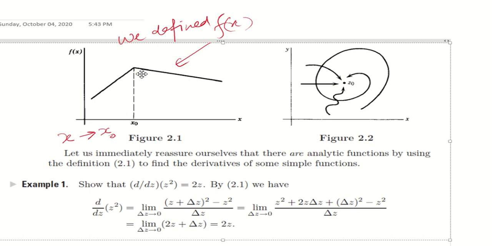We can approach x equal to x naught in two ways. Looking at this curve, we have to reach this point here, and we can do it in two ways.